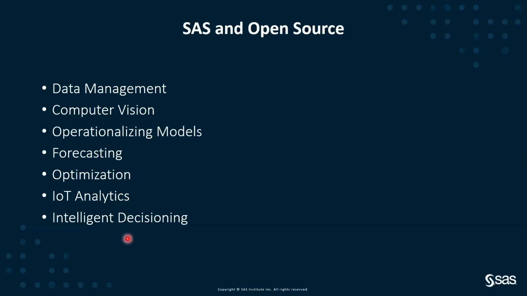Now, in all these areas, we have full-fledged SAS packages, and as well, there is an opportunity in all of these areas to interact through open source as well. So to say, what gets covered when we say SAS and open source integration, I would say it's pretty much everything that the modern world needs.